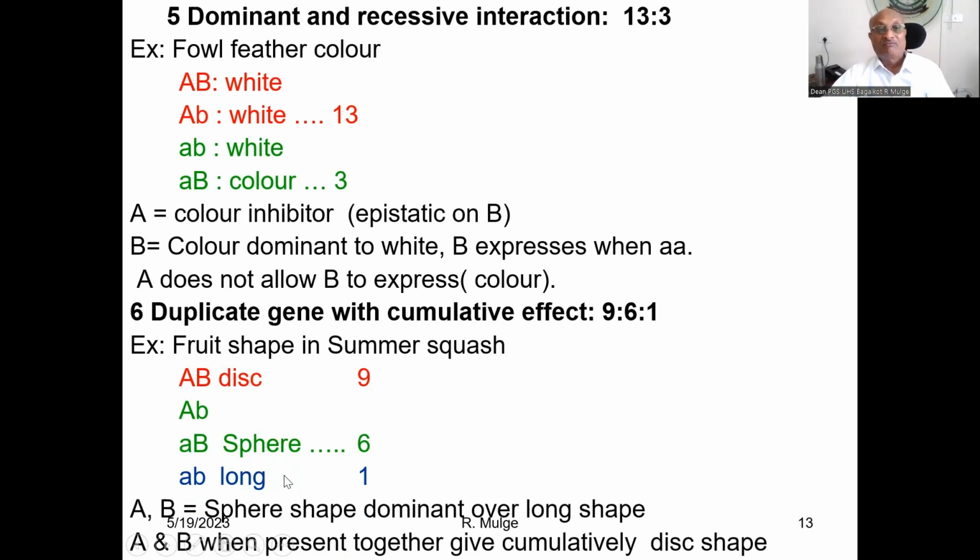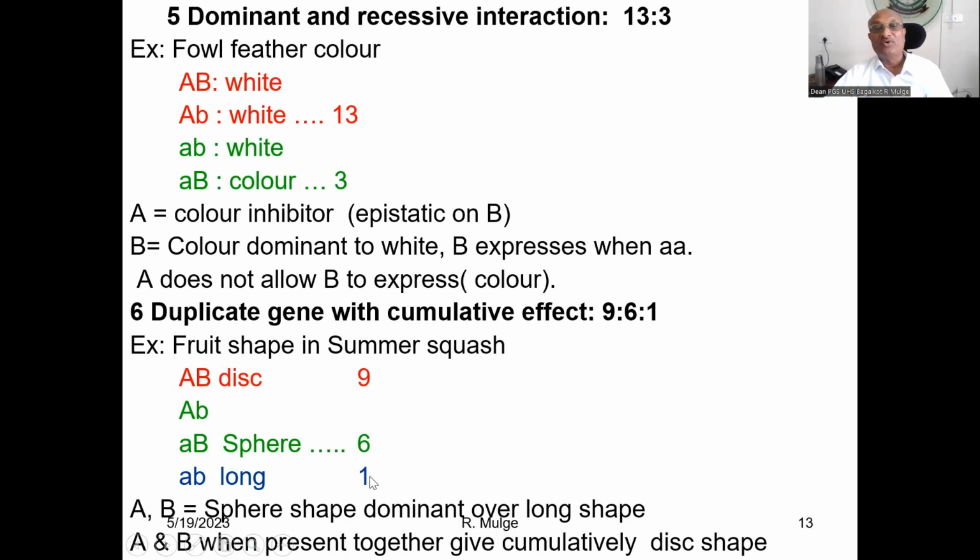And when you have got either of the genes with at least one allele dominant, A dominant and B not, or B dominant and A not, that is 3 and 3, you will get spear shaped fruits. Whereas both the genes in recessive condition, you will get the long fruit shape.